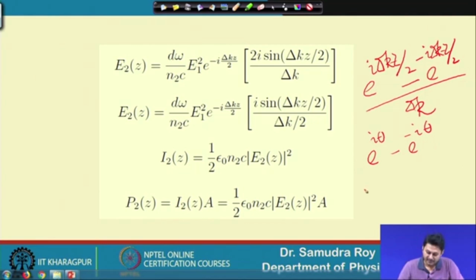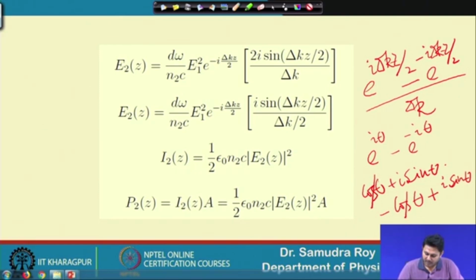So, we will have cos theta plus i sin theta as one term, and the second term is minus cos theta minus, or there is a minus one, so it should be plus i sin theta. So, this cos theta term will cancel out.